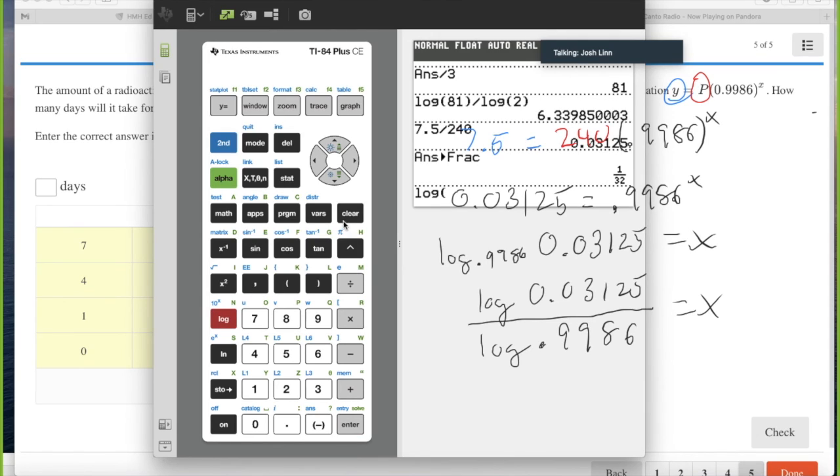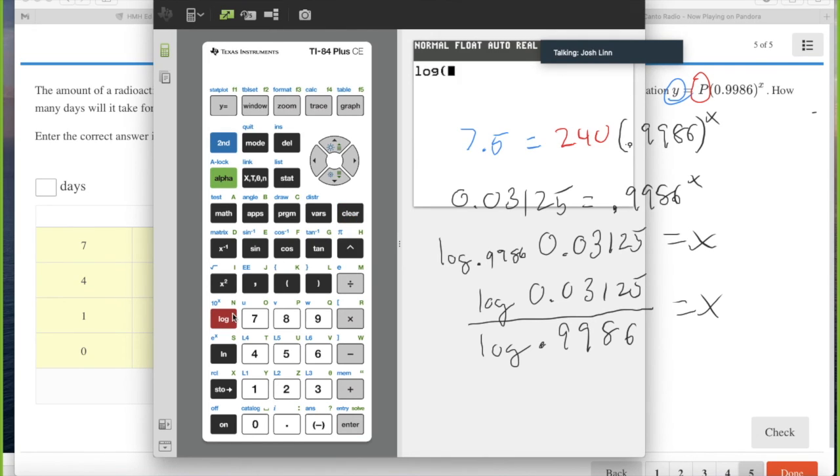Actually, let's clear some of this stuff off. Log of 0.03125 divided by log of 0.9986, assuming I enter that in right.